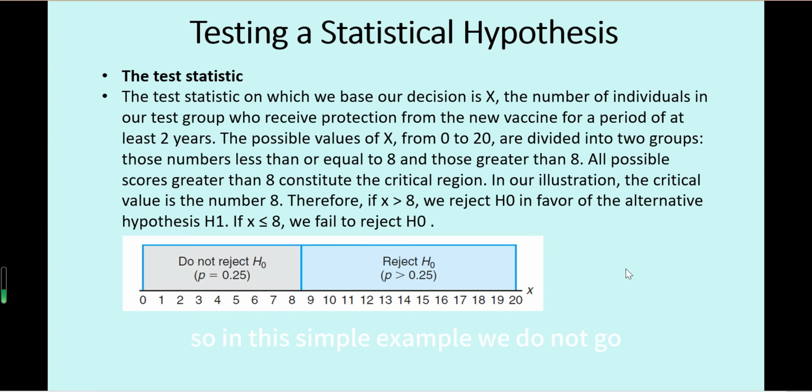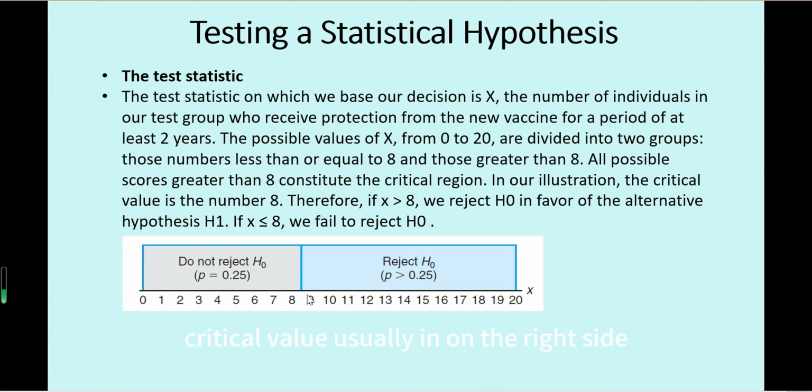In this simple example, we do not go further into the detail of how to calculate the critical region. We just give the basic process of hypothesis testing. We find the critical region, or say we find the critical value.